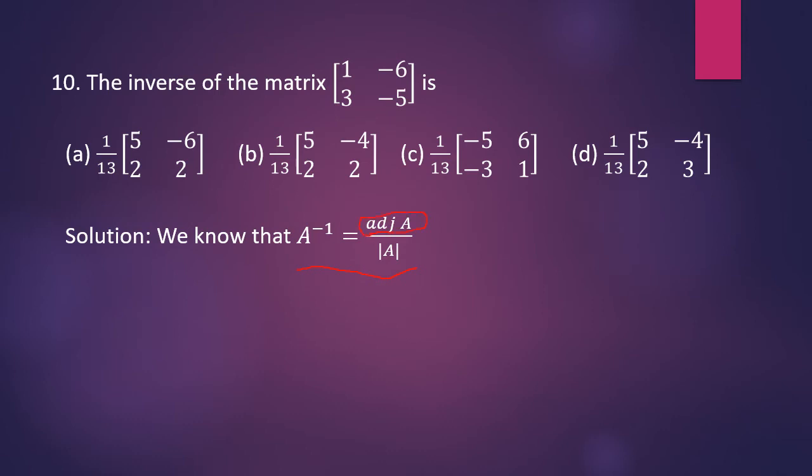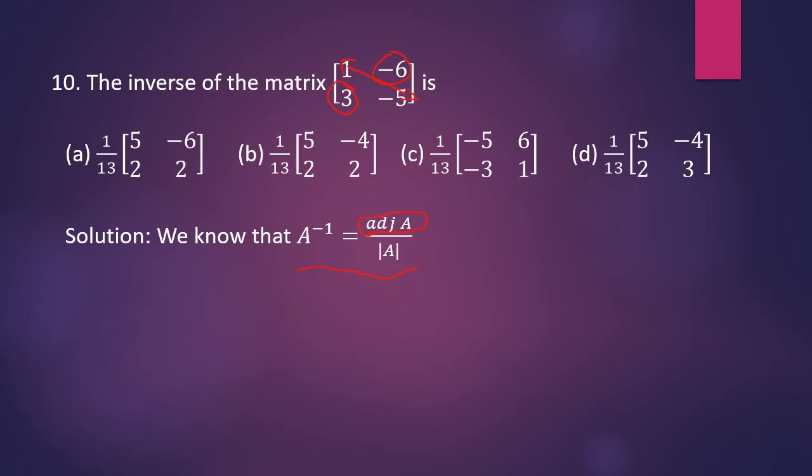That is, for a 2 by 2 matrix, to obtain the adjoint of the matrix, interchange the diagonal elements and change the sign of the non-diagonal elements.